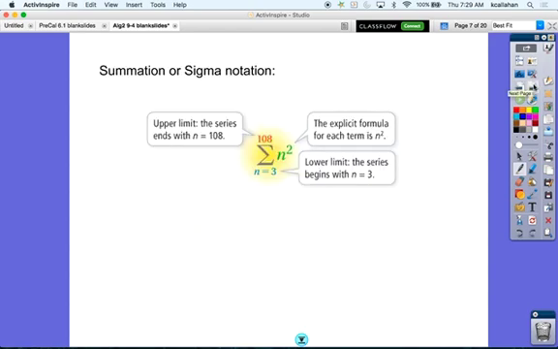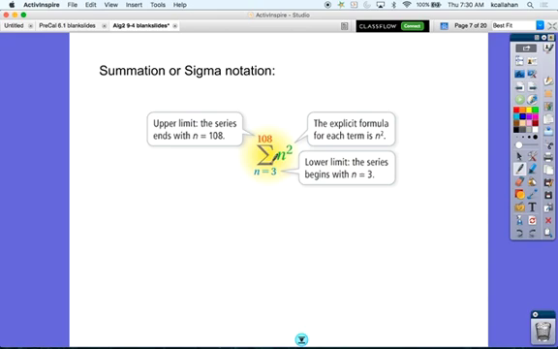Okay, so we can represent sums, series, with a notation which will be new to you, but it is actually something you need to understand because it shows up a lot in mathematics. This notation is called either summation notation because it represents a sum, or sigma notation because this symbol right here is the Greek capital letter sigma.